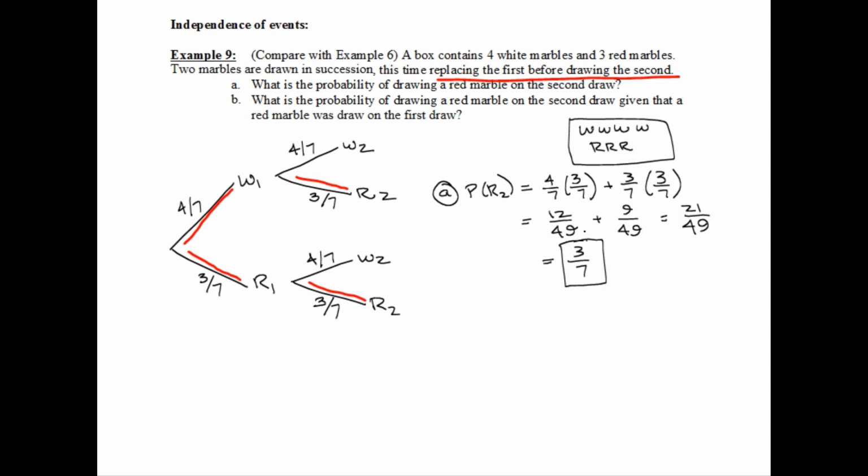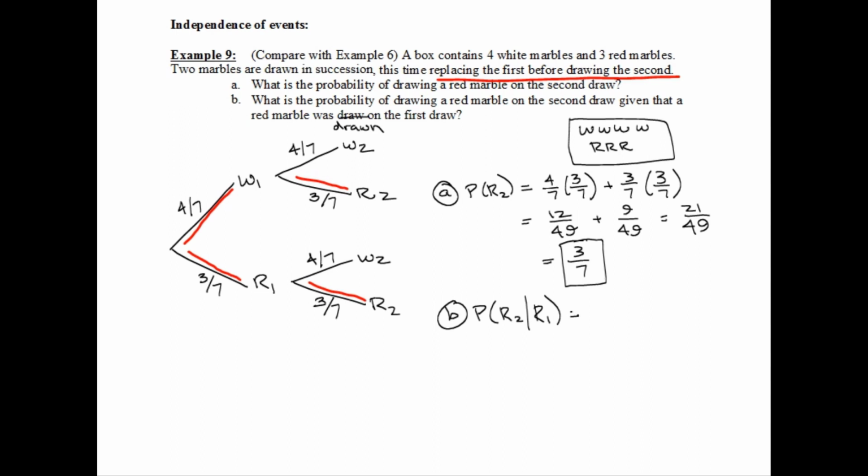Okay, now let's look at the probability of drawing a red marble on the second draw, given that a red was drawn on the first. So that means we want the probability of R2 given R1. Sorry, this should say drawn with an N. R2 given R1, so where is that on our tree? We know R1 happened for sure, so that brings us down here. And we want the probability of getting R2.